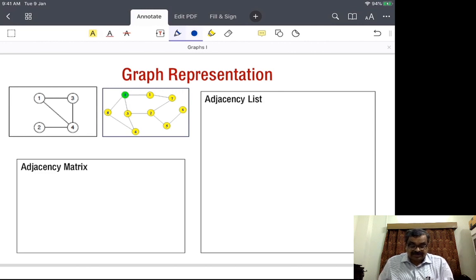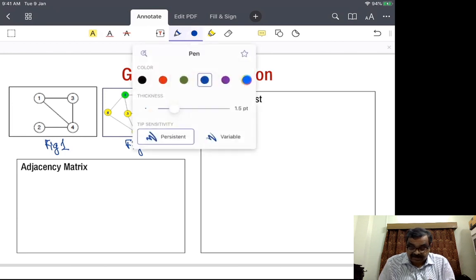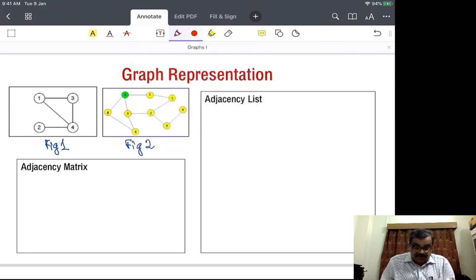I will just show an example using this figure 1 to show how we develop an adjacency matrix and an adjacency list. For an adjacency matrix, we create a matrix or an array. Here there are 4 vertices and 4 edges.